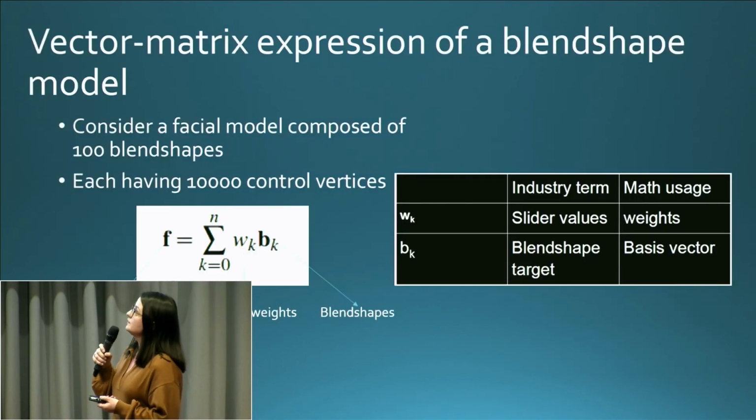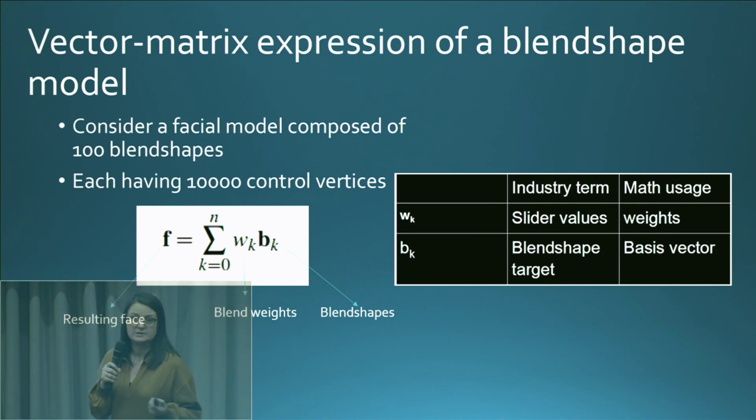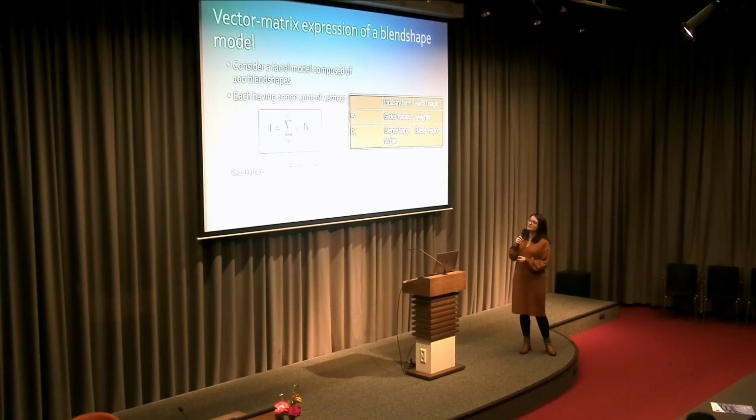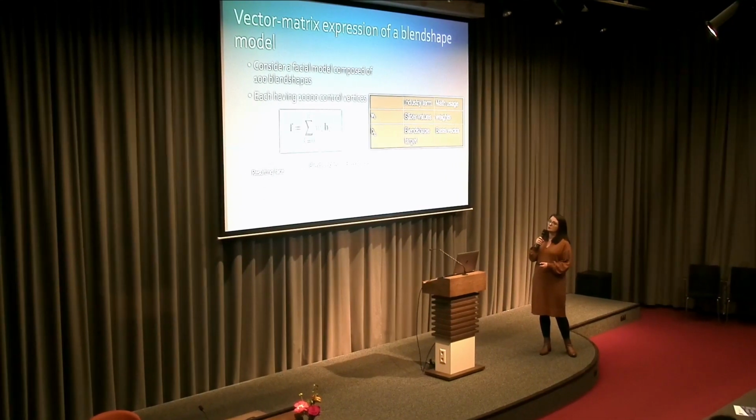As for the basics of facial animation, the widely used method is blend shape animation. You can consider a facial model, for example, composed of 100 blend shapes, or thousands of blend shapes, depending on the complexity. In industry terms, these are called slider values or blend shape targets, but from a math point of view, they are weights and basis vectors. So you have the blend weights and the blend shapes, and you take a sum of these and you can combine a resulting face.